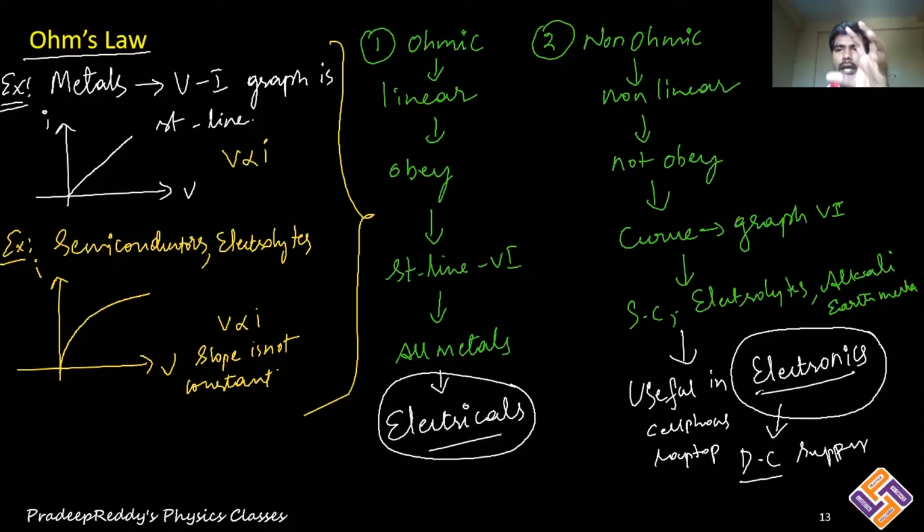We will be having an adapter. That adapter will convert alternating current into direct current, and for them DC is useful. All electronic devices work with DC. Whereas electrical devices are made up of conductors. For them we use AC: fan, tube light, refrigerator, and mixer grinder. All these devices are electrical devices. They work with AC. Okay, so that is the difference between ohmic and non-ohmic conductors.